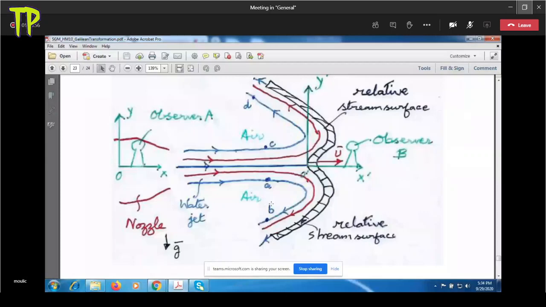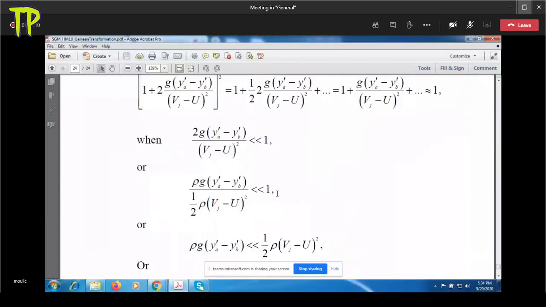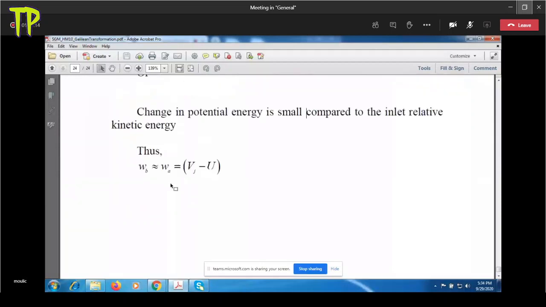Compared to the inlet kinetic energy at the section. Because the difference in elevation is small. In that case, you can say that WB is approximately WA, which is Vj minus Q.